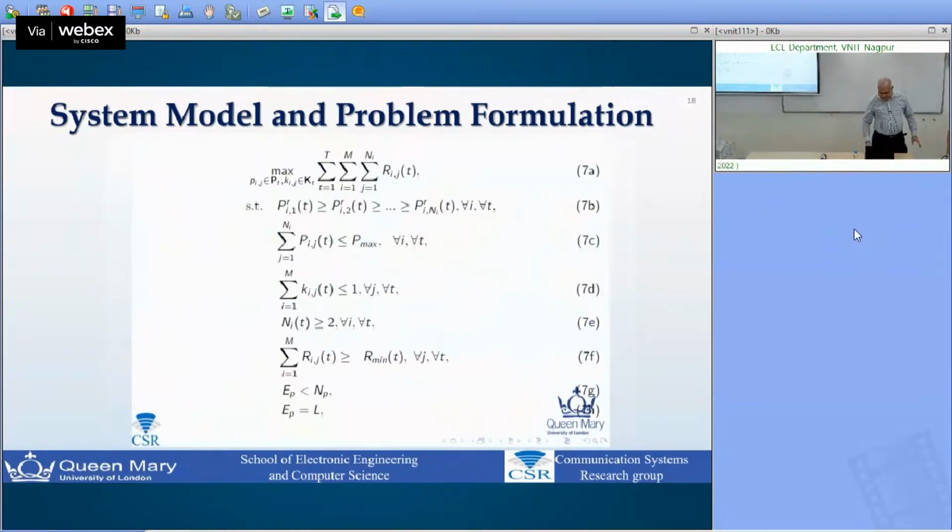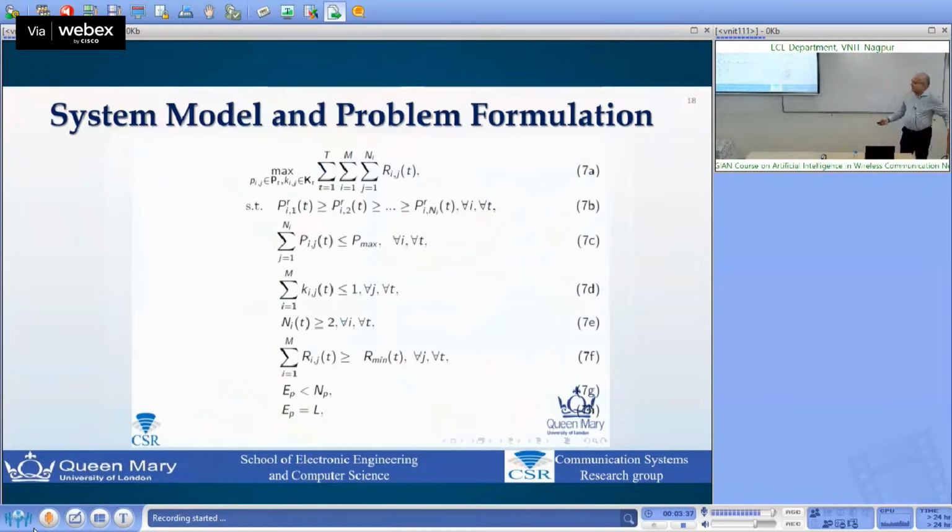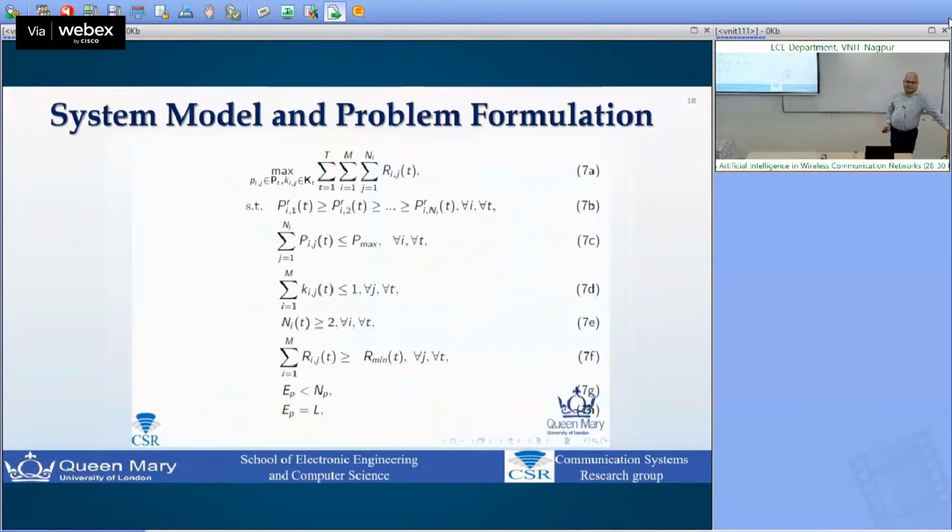Yesterday, we considered this constrained optimization. You ask why we can't use the conventional one. Here we are going to have tens of thousands of IoT devices. If you take the conventional one, computational complexity increases with the number of devices. So when we use machine learning, one agent for each device.